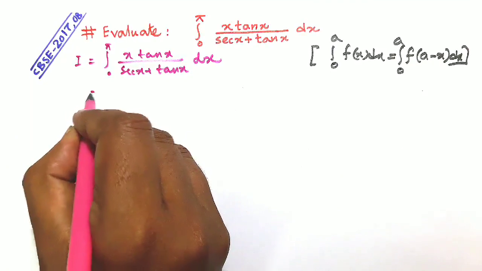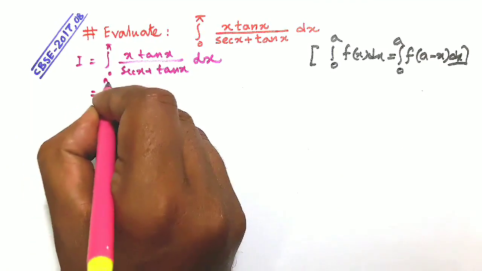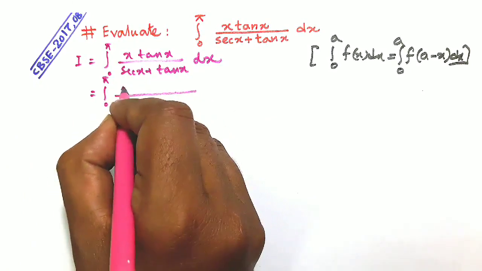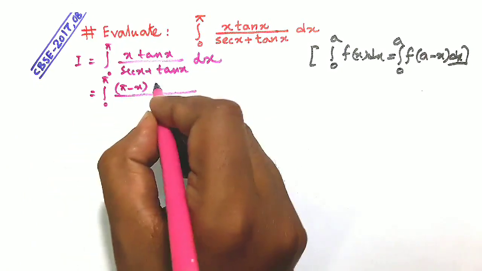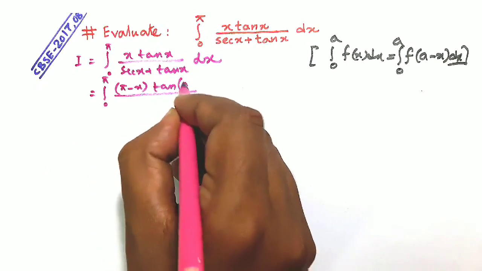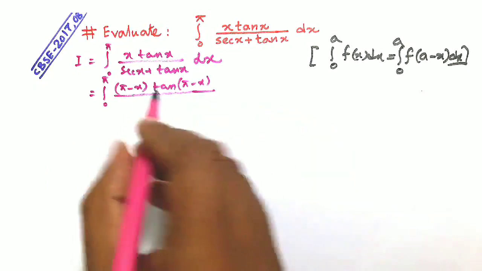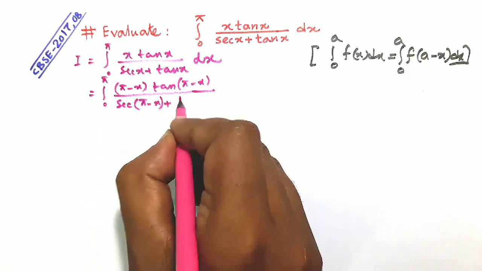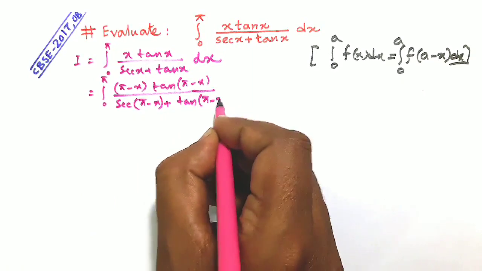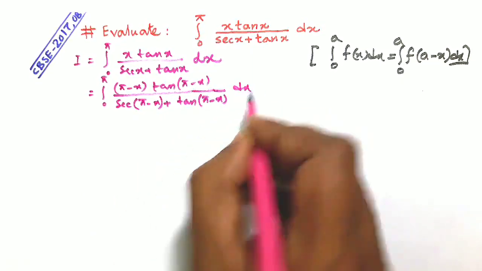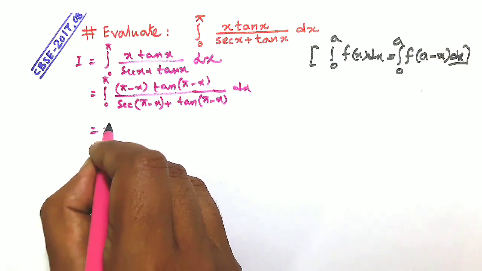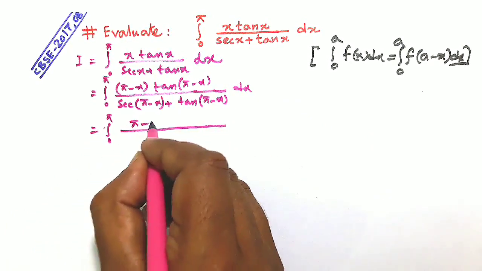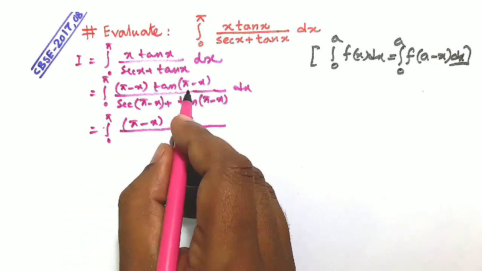So friends, we are getting 0 to pi. In place of x, we shall write now (pi minus x) into tan of (pi minus x) divided by sec of (pi minus x) plus tan of (pi minus x) dx. This is equal to integration 0 to pi (pi minus x). What is tan of (pi minus x)?